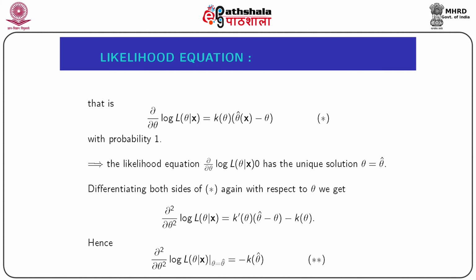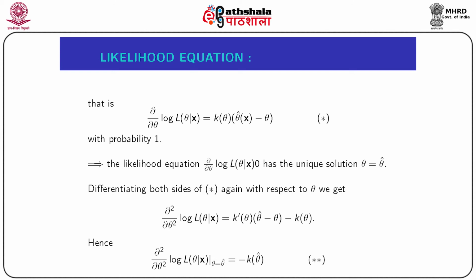Now, this expression, that is star, holds with probability 1. This implies the likelihood equation ∂/∂θ of log L(θ) equal to 0 has the unique solution θ equal to θ hat.